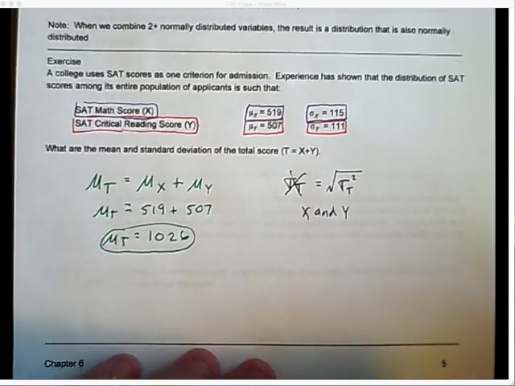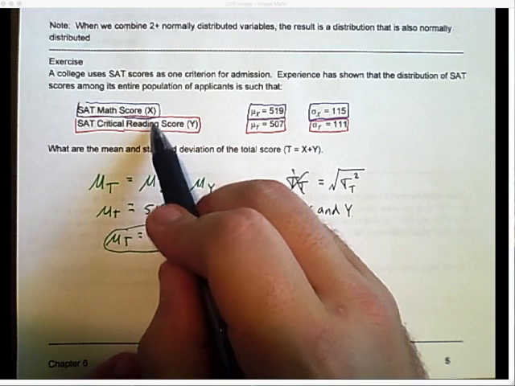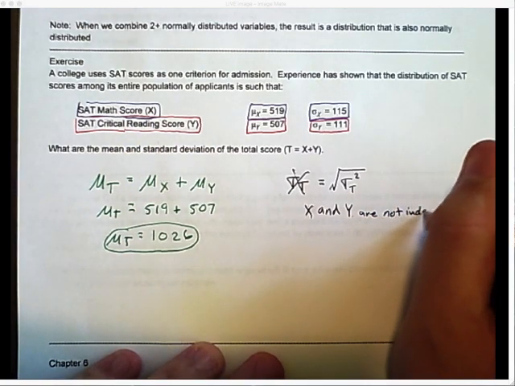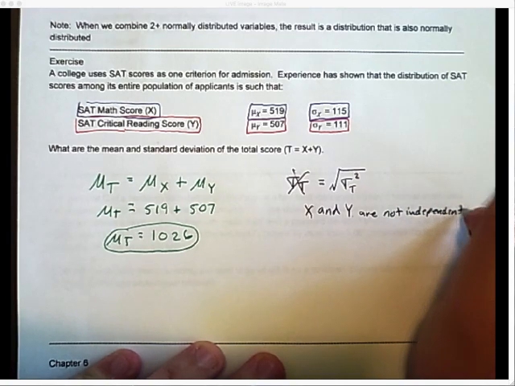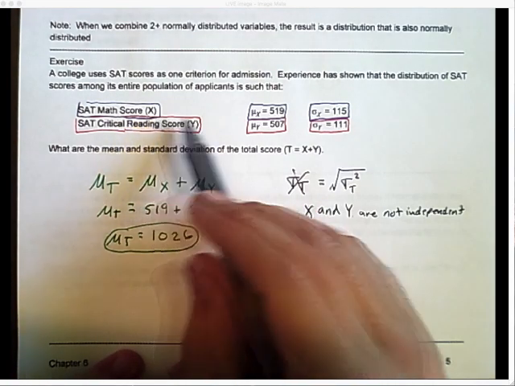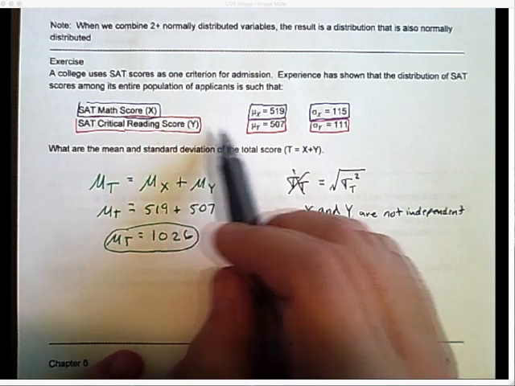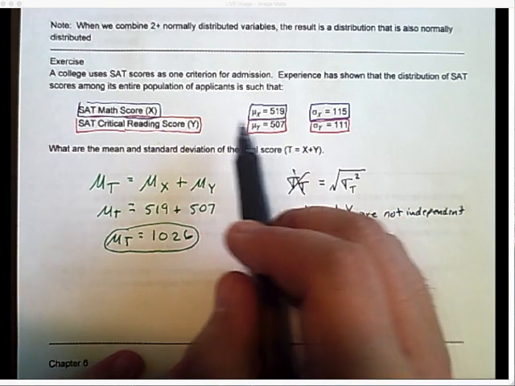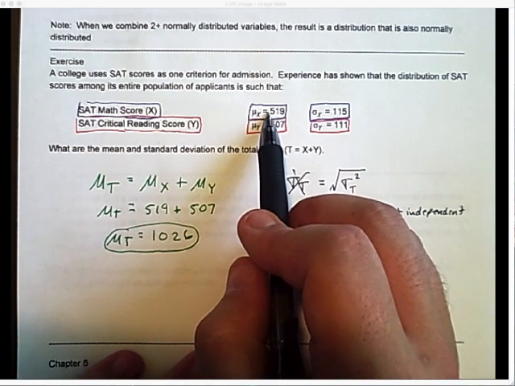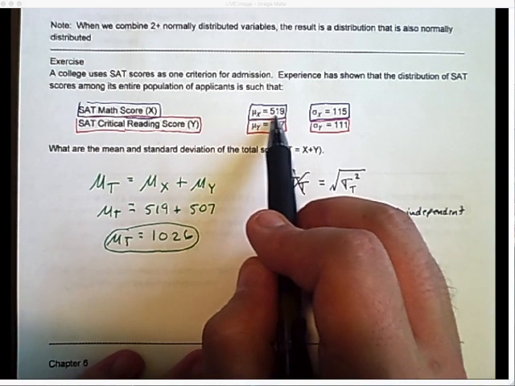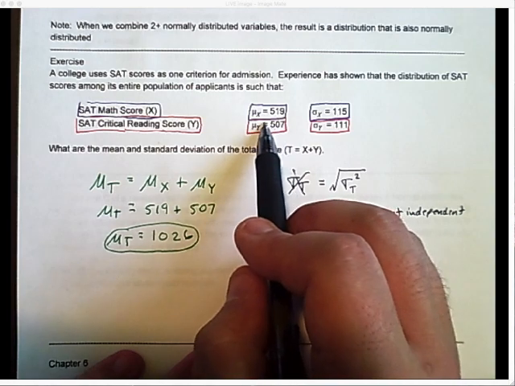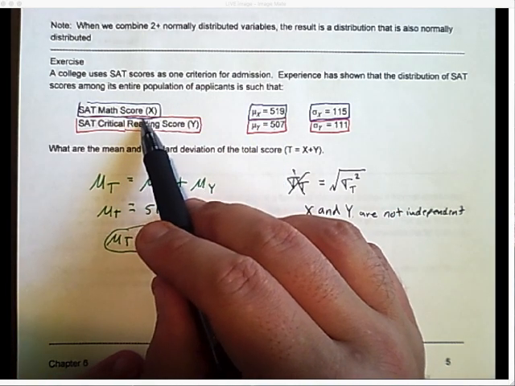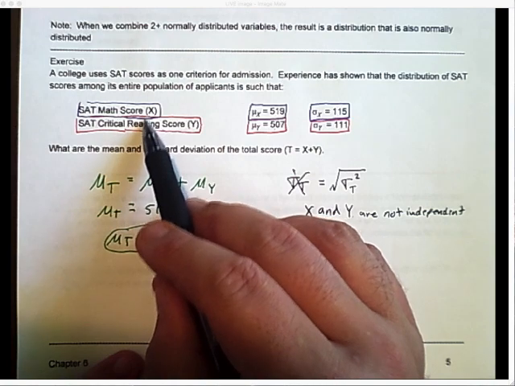In this case, x and y, these two variables, are not independent. People who usually do well on the math section also do well on the critical reading. If a student does well in the first section, they're more likely to do well in the second. So there's some dependence between these two variables.